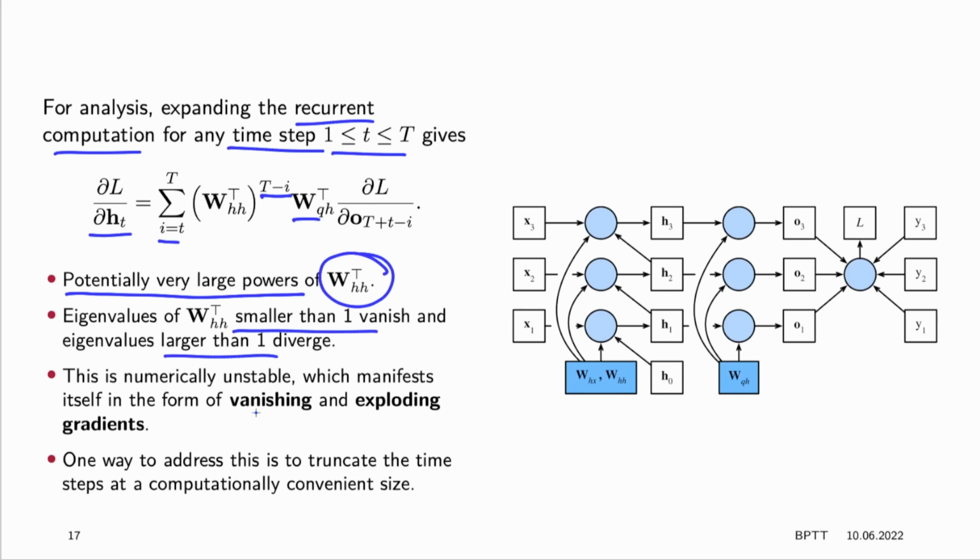If you take a large power, so you're basically multiplying these eigenvalues many times with themselves, the ones larger than 1 diverge towards infinity, and the ones smaller than 1 go to 0. So they vanish. Thus, this gradient computation is numerically unstable, which manifests itself in the form of vanishing and exploding gradients. One way to address this is to truncate the steps at a computationally convenient size, as we discussed before.